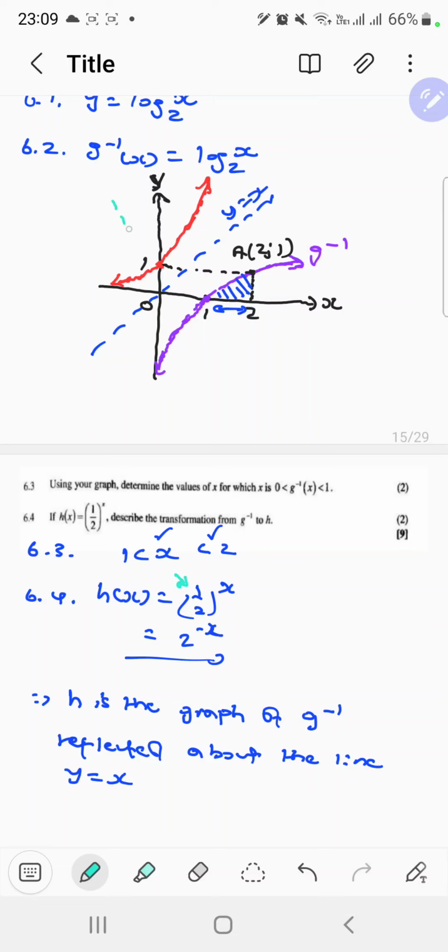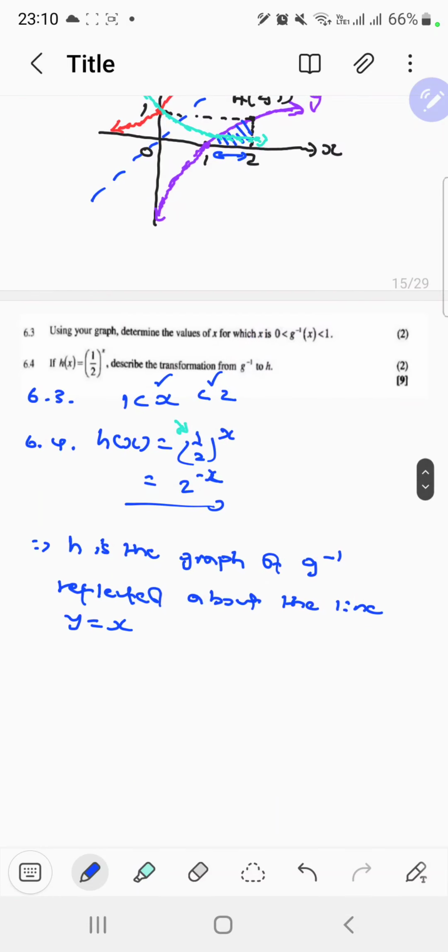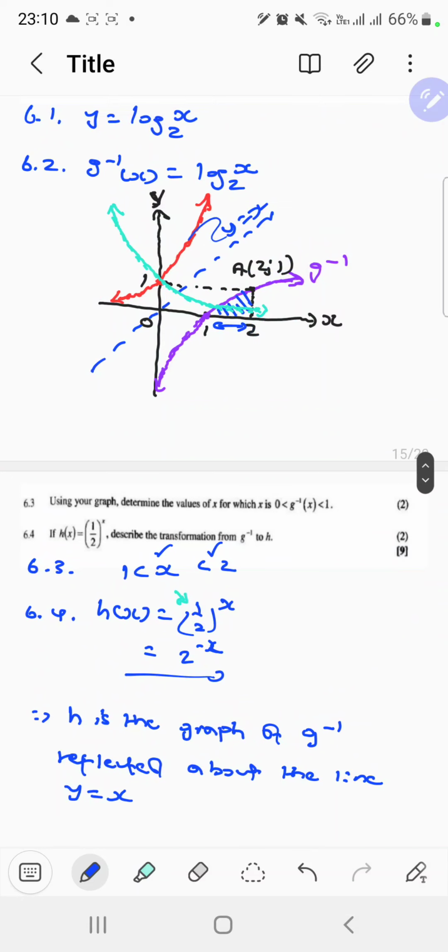So this graph is eventually going to be something like this. Of course, you don't have to draw these things. I'm just drawing so that you can understand the logic behind this explanation. So basically, we first take an inverse of this inverse, and then that very inverse we reflect about the y-axis. This is how it looks like.